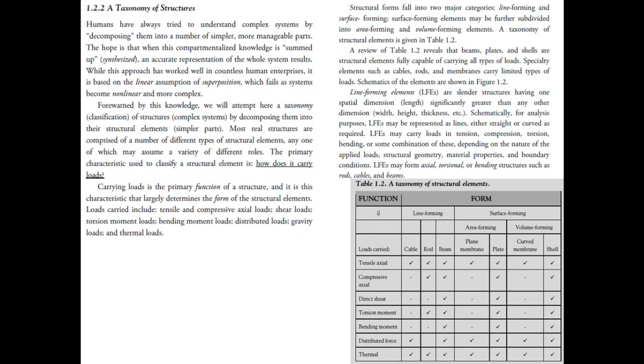Cables are characterized for tensile axial loads; they will always be under tension. I told you in my previous class, the rods and the beams can also be characterized as line forming elements. Cables do not undergo compression, they will always be in the axial category. But the rods can have tensile and compressive behavior. What about the beam? A beam can have tensile, axial, and compressive scenarios as well.